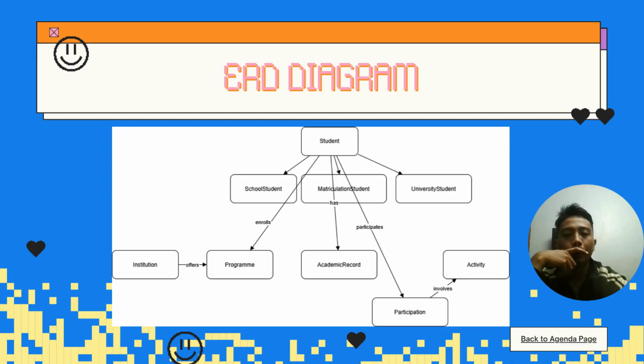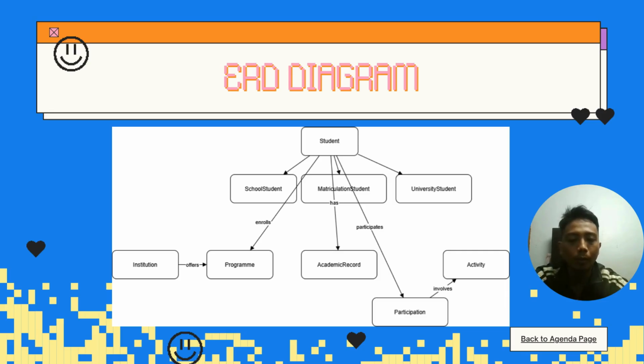I start with the student identity first, which acts as the core of the system. The student identity will handle the differences across student education levels. I use generalization where student is a superclass, according to the case study.